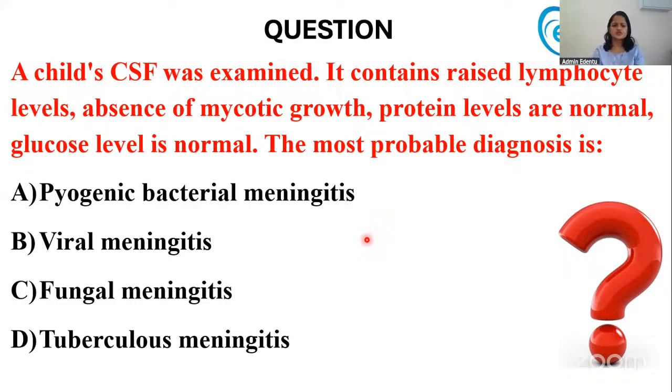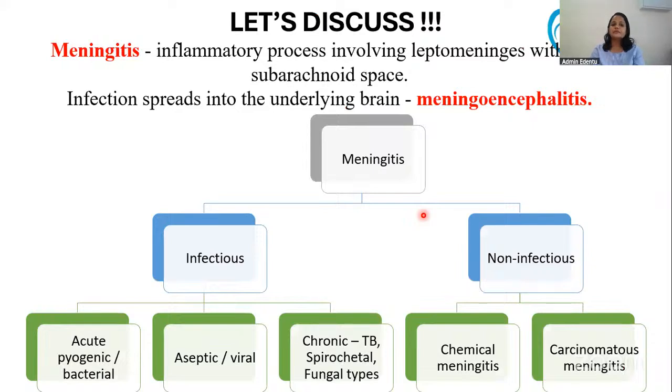So a child suffering from meningitis has come to the hospital, and the CSF, the cerebrospinal fluid, was taken and examined, and these are the findings. Which type of meningitis can it be? Let's look at what meningitis is.